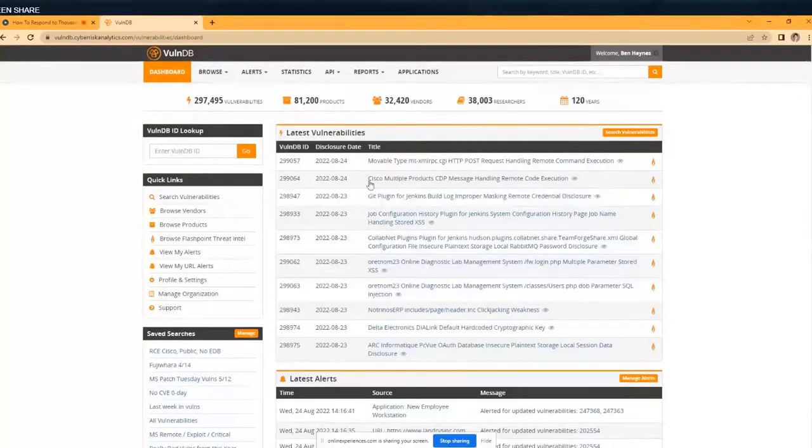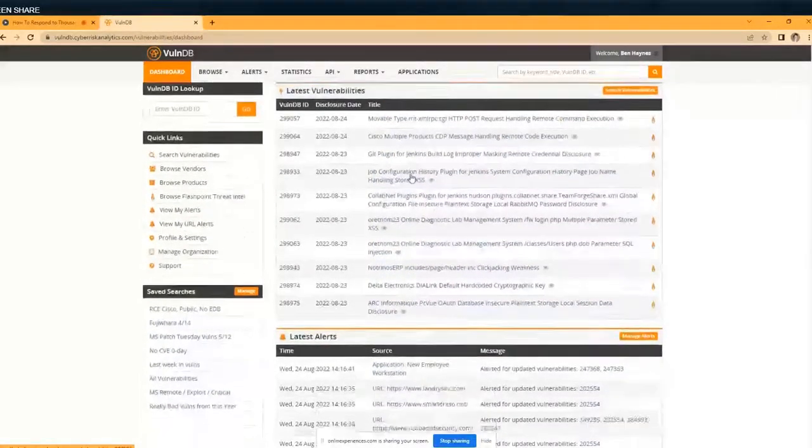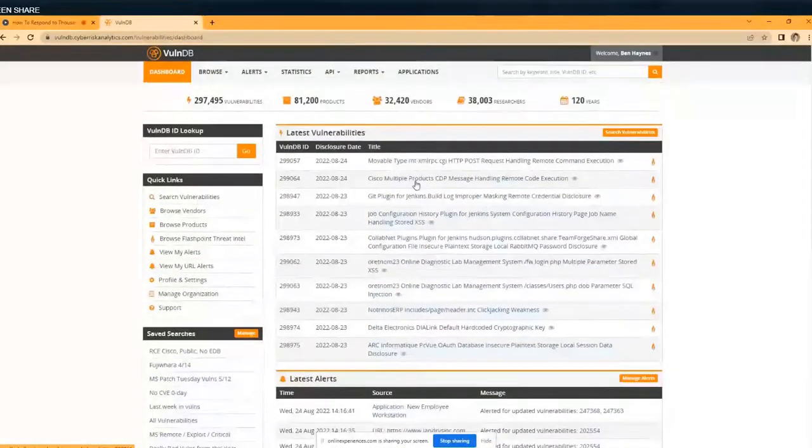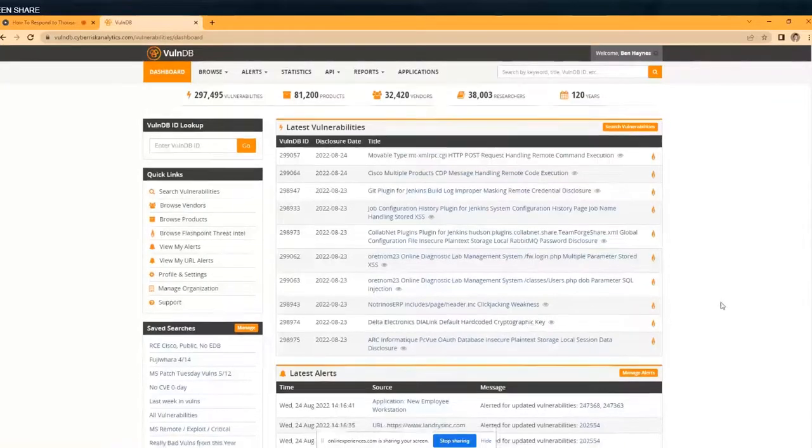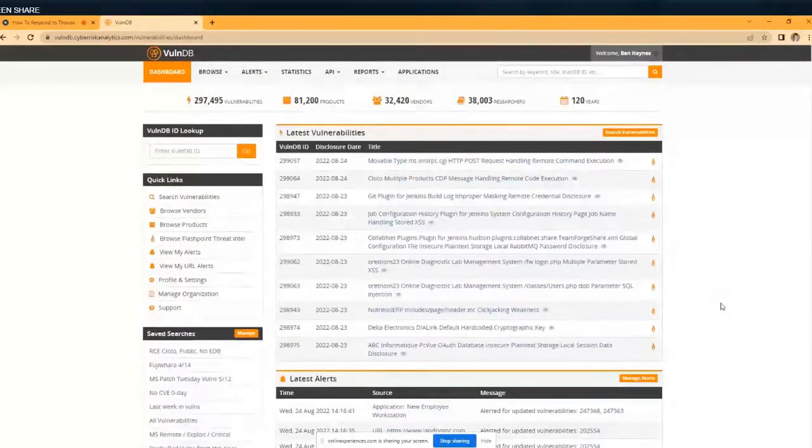I recognize Cisco, obviously, or even this Oraton 23 product, Delta. And even within this, there's Cisco, this might be a firmware, it might be a piece of hardware. I'm not too familiar with it, but also there's libraries here. Delta Electronics sounds a little bit like an OT thing to me, but it has to do with cryptography. So anyway, that gives you a glimpse of the sort of things we're constantly churning through.